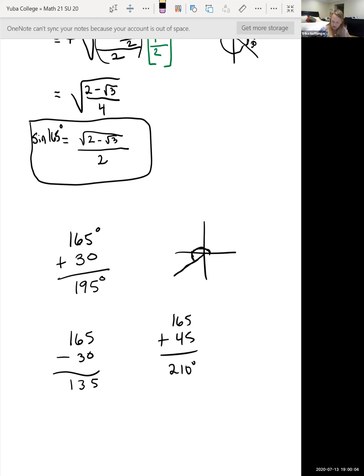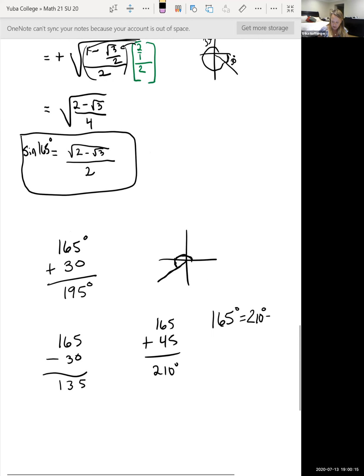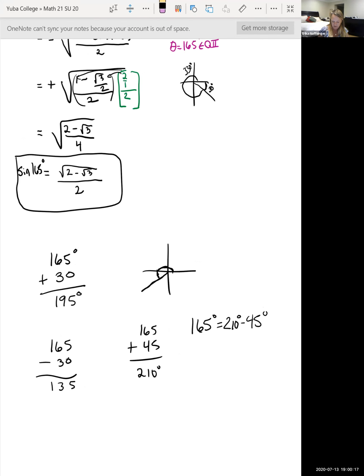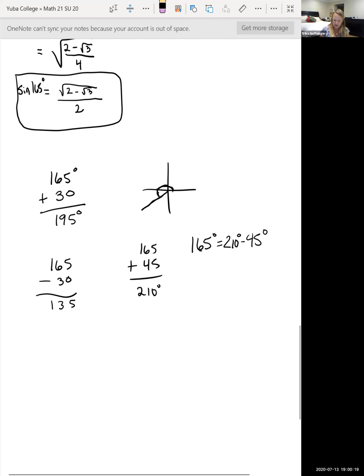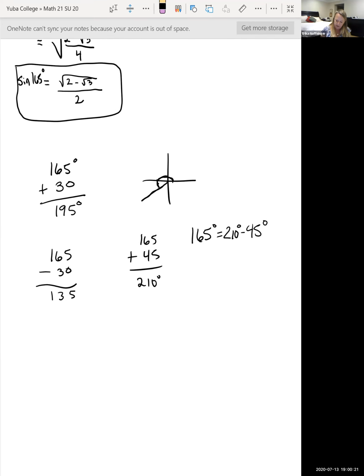So 165 degrees could be expressed as 210 degrees minus 45 degrees. So our sine of 165 degrees, we could rewrite as sine of 210 degrees minus 45 degrees.